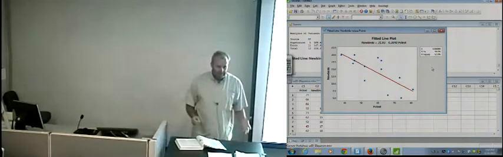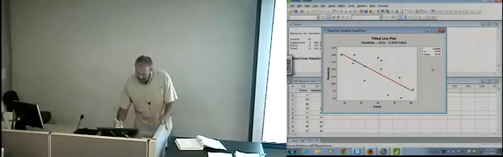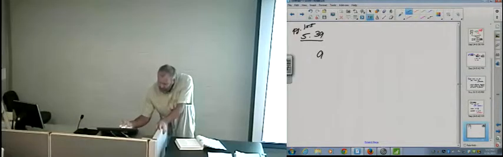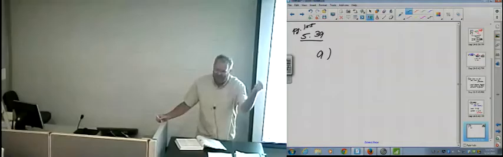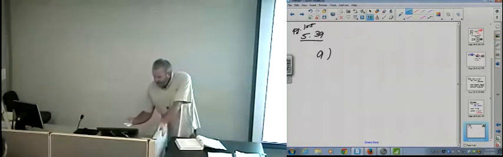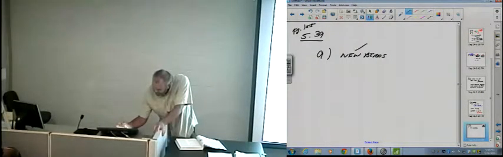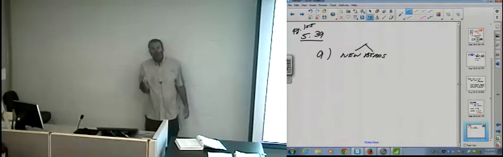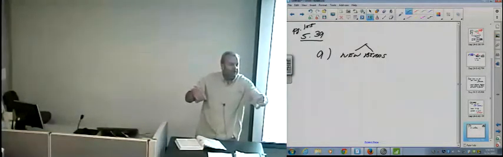It gave that to me. Now, what I'm going to do is come back here, and I'm going to write down that for this problem, we made the scatter plot, okay? And the regression line is at the top there. The regression line's on the scatter plot, and it's the new birds. I've got to put a little hat on the y. I want to get it stuck in your head that this is what the values are going to be predicted by your line.